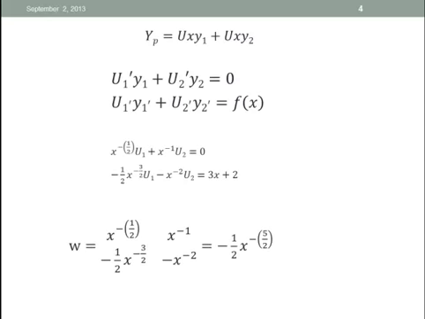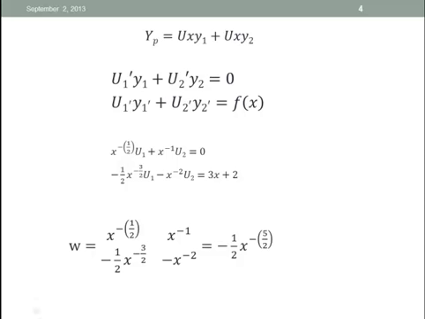So we will solve here the yp. Yp equals u1 y1 plus u2 y2. Using variation of parameters, u1 prime y1 plus u2 prime y2 equals 0, and u1 prime times y1 prime plus u2 prime y2 prime equals f of x.